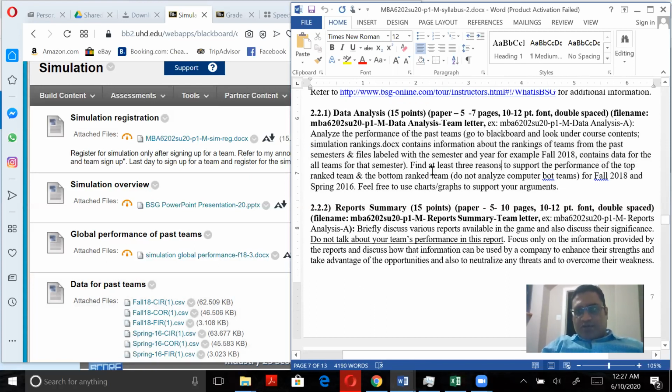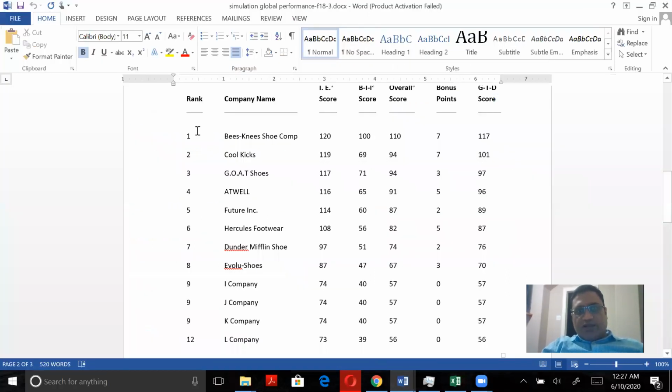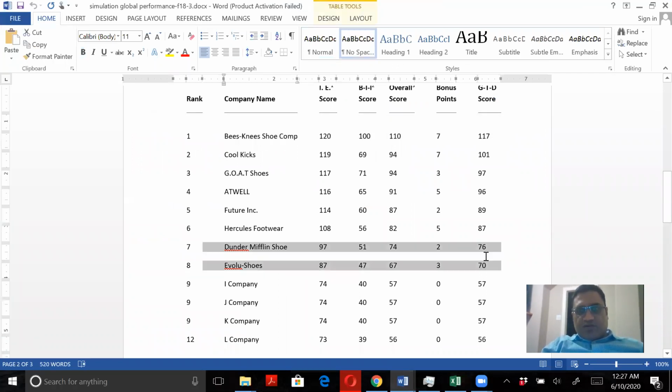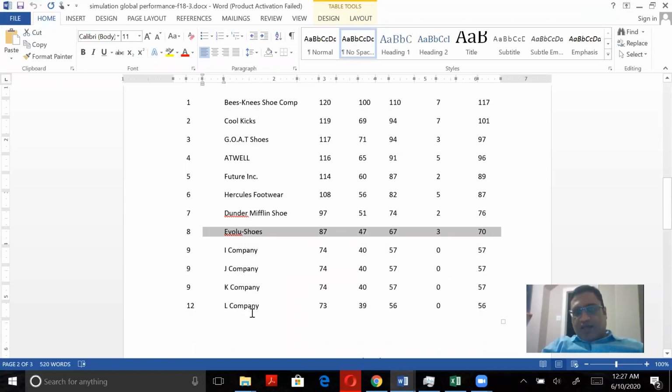Now, as per the syllabus, we find out which teams are number 1. Let's say fall 2018: team B was number 1, and the bottom team is team E. Do not analyze these companies, I, J, K, L. These are computer companies, robots.